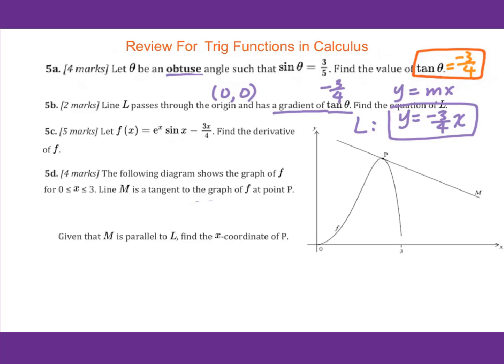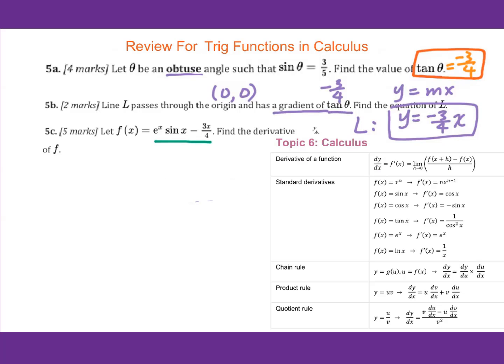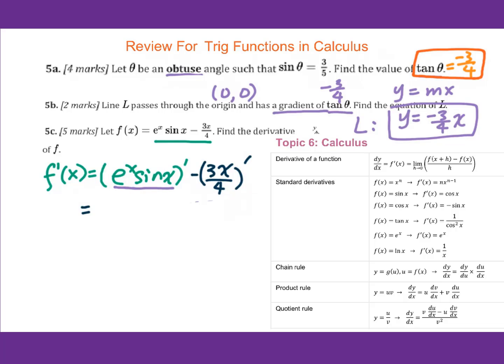5c. Let f of x equal this. Find the derivative of f. So we write down f prime of x equals the derivative of e^x sin x, then minus the derivative of 3x over 4. Remember, for e to the x power times sin x, you have to use the product rule.